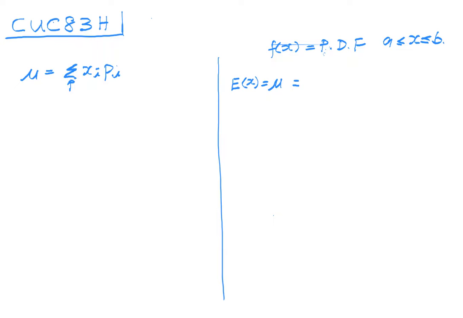To integrate, thank you. So the limit will be from A to B, the product of the variable and its probability density function. Are you clear? So that is the formula to find the mean.